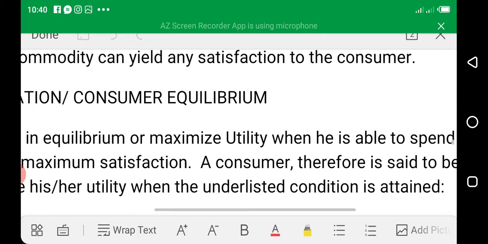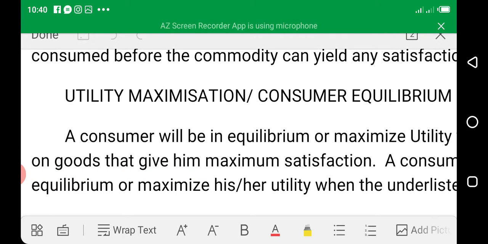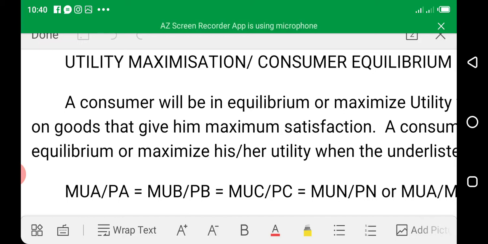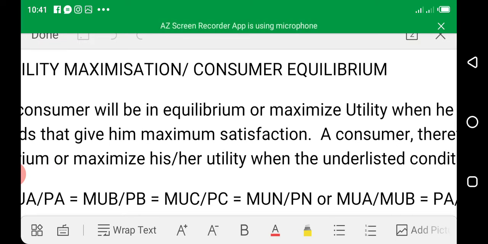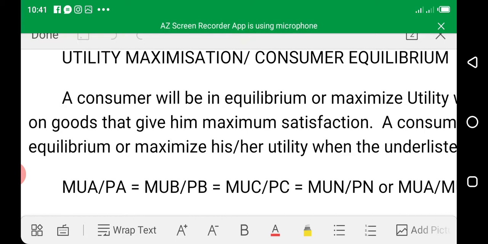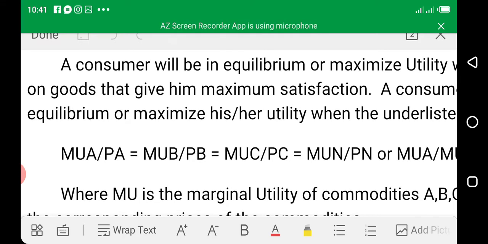Let's look at utility maximization, otherwise known as consumer equilibrium, which I said earlier in the first period would be explained very soon. Here it is now.